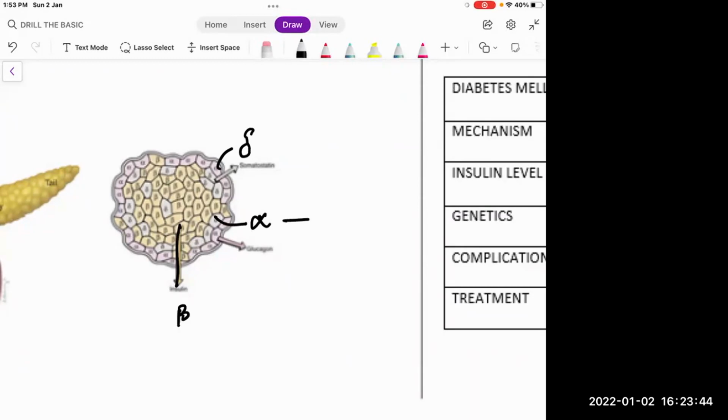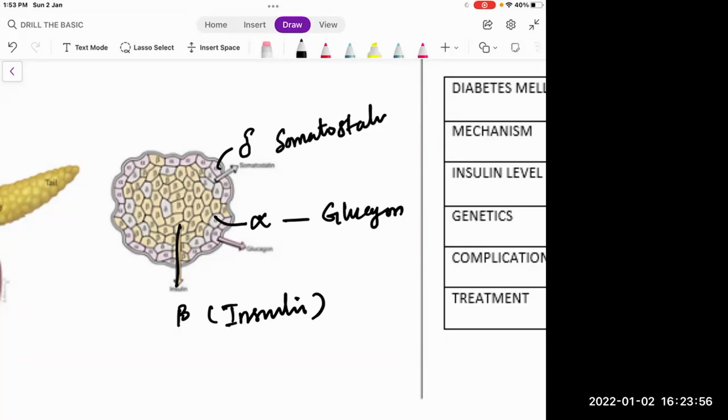Alpha cells produce glucagon, beta cells produce insulin, and delta cells produce somatostatin. Glucagon is a blood glucose increasing hormone, whereas insulin decreases the blood glucose.